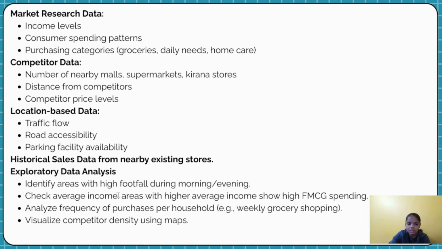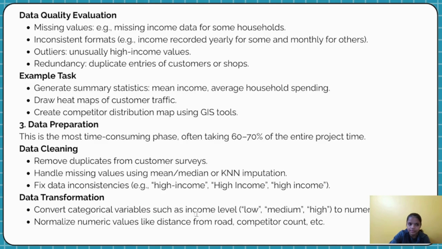And analyze frequency of purchase per household, weekly grocery shopping, whether a person is purchasing daily or weekly or monthly for his household. And the last one is to visualize the competitor density using maps.